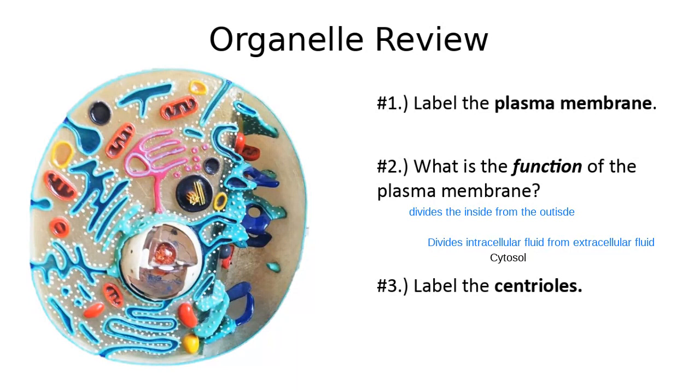So the plasma membrane's job: keep the cytosol inside, keep the extracellular fluid, which has lots of different names, we won't list them all, separate from the cytosol. Keep the inside of the cell different from the outside of the cell. And during tomorrow's lecture class, we're going to talk about how chemistry makes that happen. So, function of the plasma membrane: divide the inside from the outside.